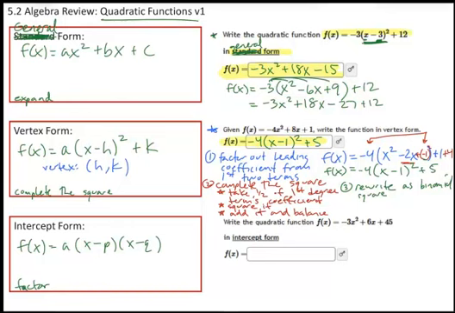The final thing to look at is this last part of how do you write something in intercept form. And the way that you're going to do that is you're just going to factor it. So again, if I take a look at this expression right here, and I try to factor, always start off by seeing, are there any common factors you can remove from all of the terms?